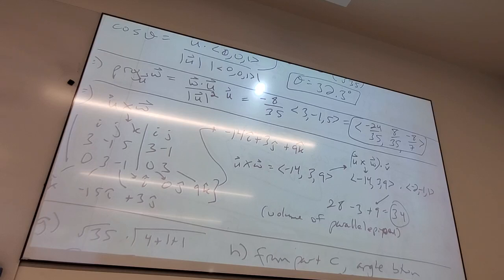I got 5 times 2 root 178. Yeah, you can check it out, see if it comes out the same. Yeah, don't hyper focus on any specific one. 26. So this one's 26, and that one's 26. That's nice. Yeah, really.